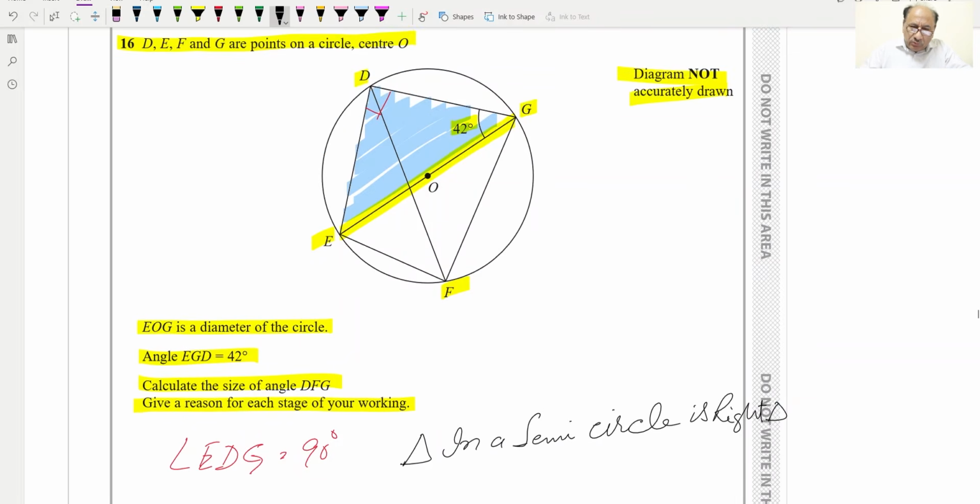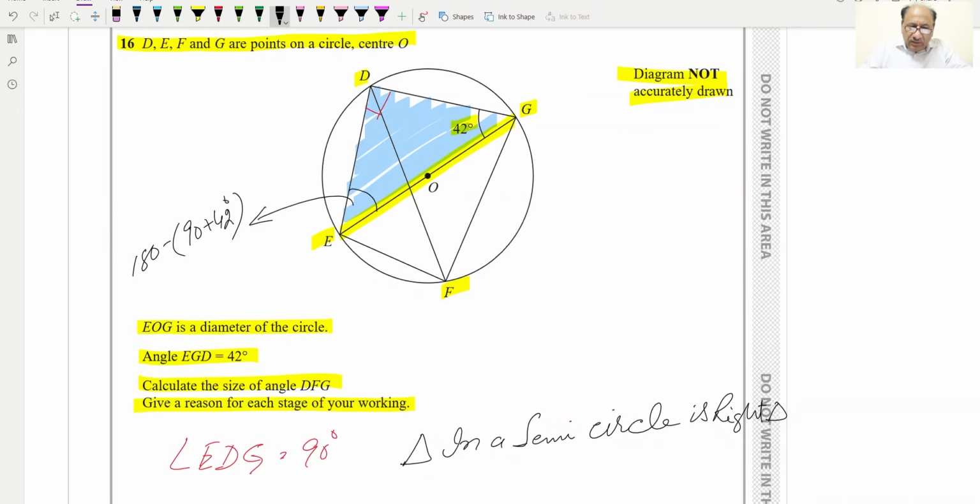Okay, so this is the reason which we have provided. Now in this one we can find this angle also, and this angle will be 180 minus (90 plus 42) degrees.